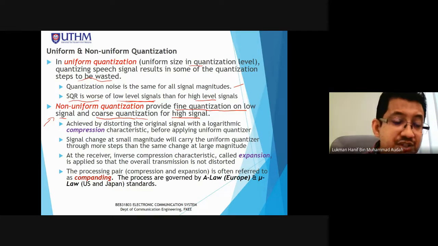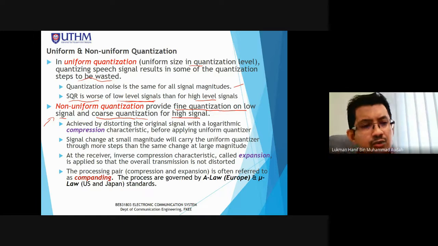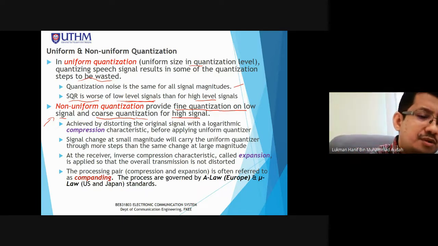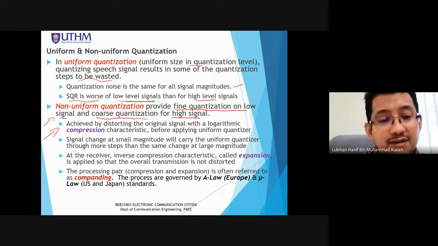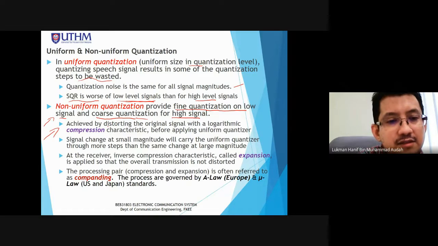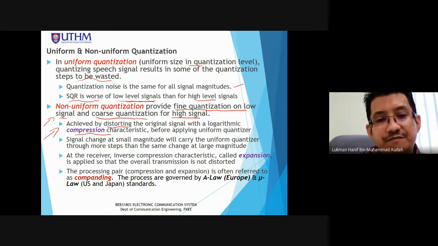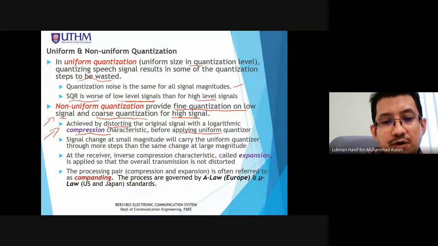So now the question is how to do this? Macam mana nak buat ini? Okay, so it is achieved by distorting the original signal with logarithmic compression characteristic before applying to the uniform quantization.